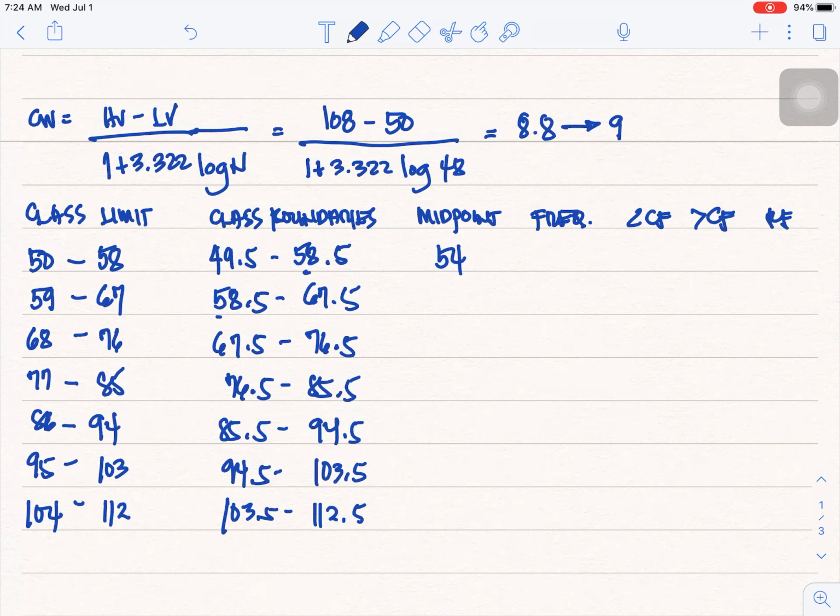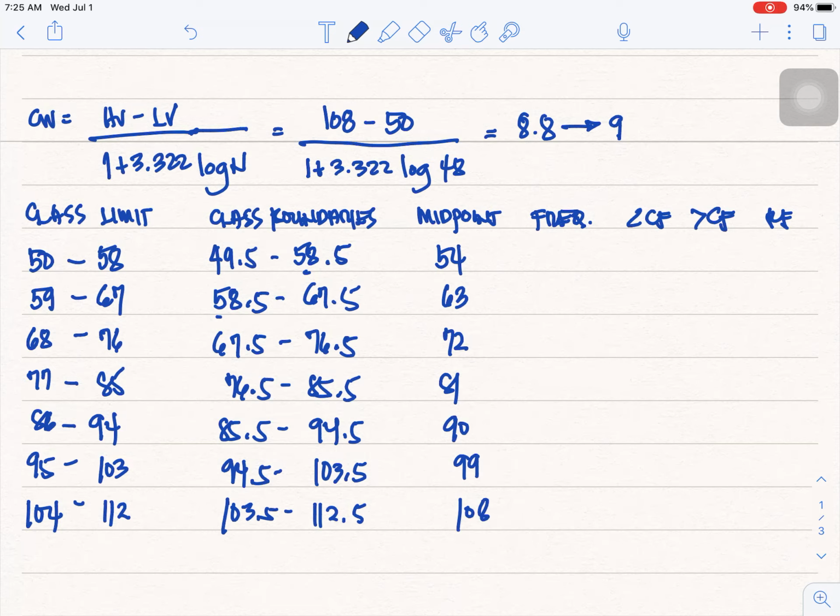Then, of course, we know that this is by 9, so we can just add 9 here. 54 plus 9 is 63, plus 9 is 72, plus 9 is 81, plus 9 is 90, plus 9 is 99, plus 9 is 108. Anyways, you can check. Let us say 104 plus 112 divided by 2, that is 108.